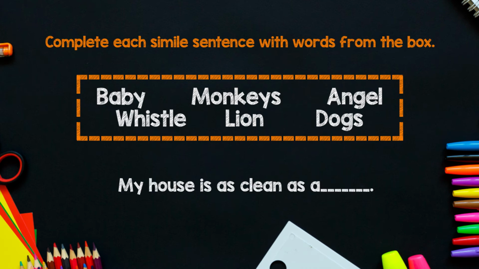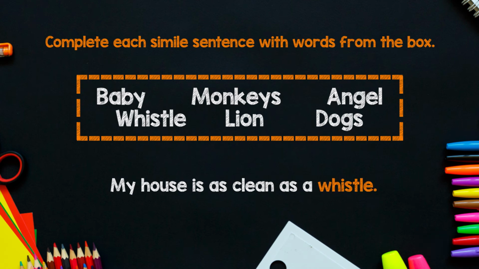My house is as clean as a. Which word is most suitable for this sentence? If you chose whistle, then you are correct. And so, the sentence should read, my house is as clean as a whistle.